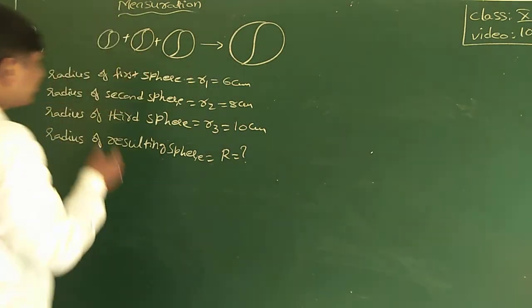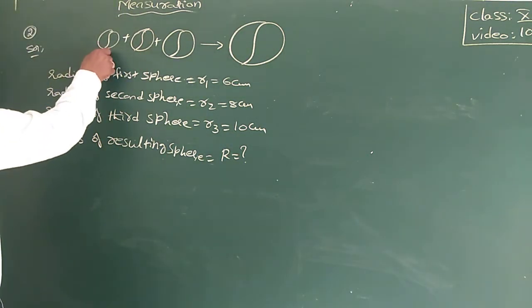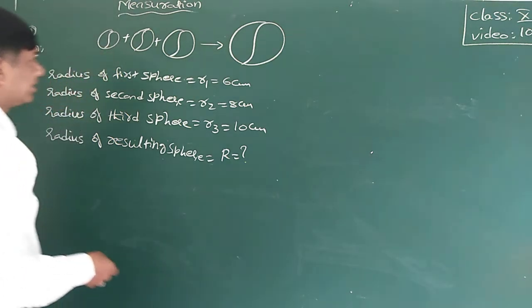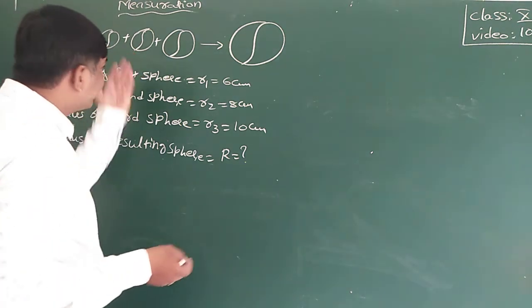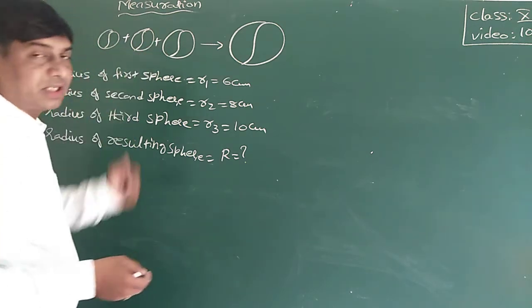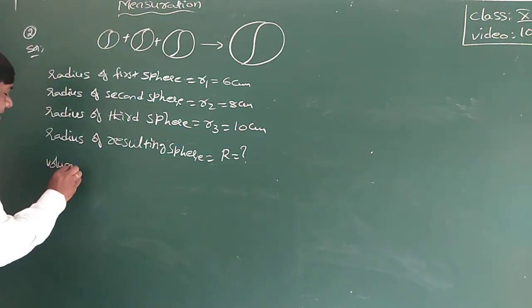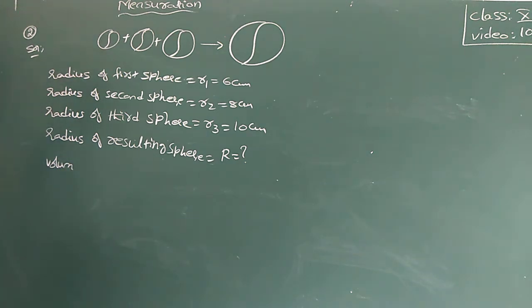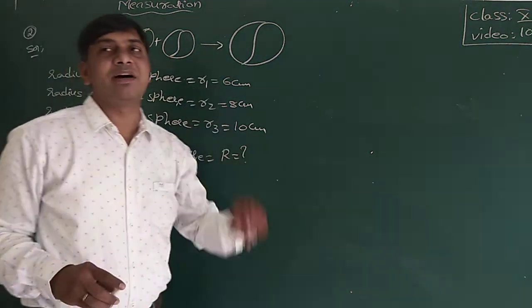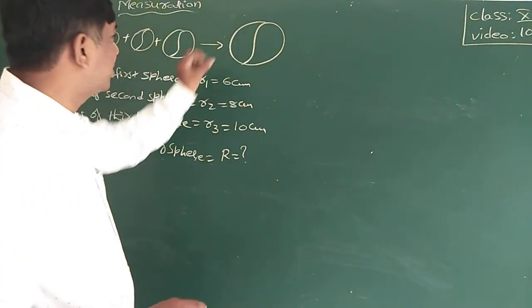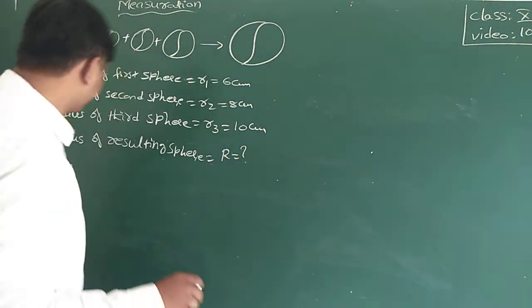Means you are taking the first sphere's metal, that is nothing but the volume of the first sphere, and the second one also, third one also. So the volume of the three given spheres is equal to the volume of the required sphere, because all three spheres' volume you are making into a bigger one.